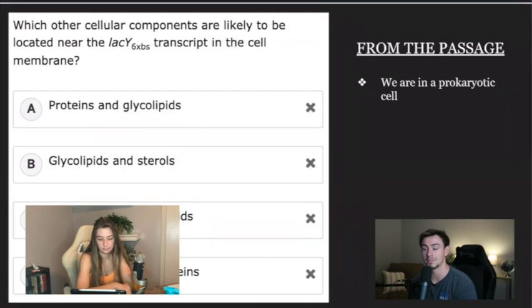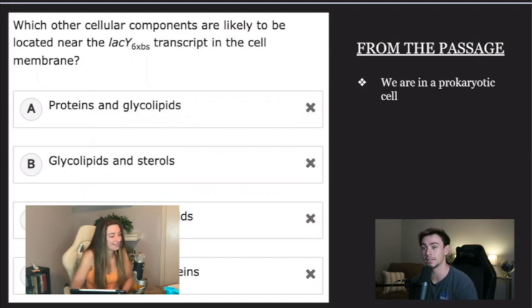So I'll say maybe to A. B says glycolipids and sterols. I believe you just said that sterols were only in eukaryotes, right? Okay. Mm-hmm. As well as glycolipids. Oh, hint. So I'll say maybe not to A then.